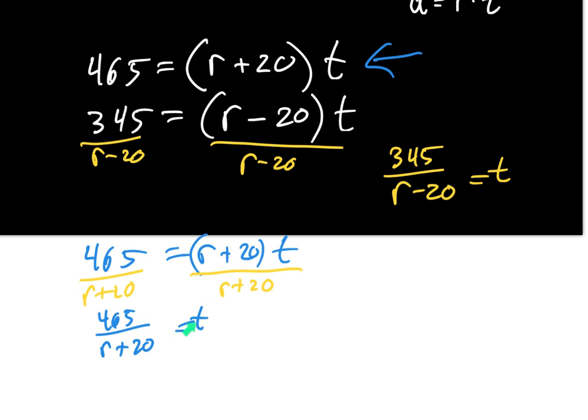What does t equal? T equals this. T also equals this. And if it's the same time, because it says it can travel these distances in the same time, that means the times are equal. So my equation would be 345 over r minus 20 equals 465 over r plus 20.